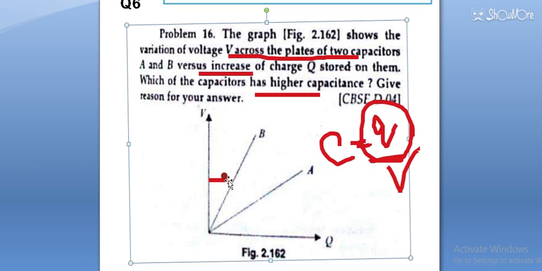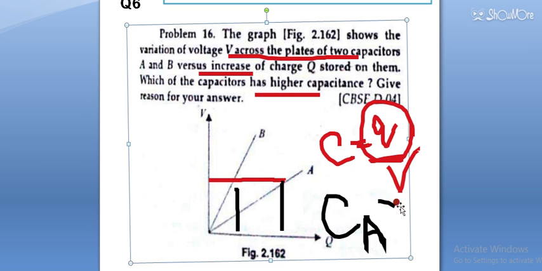Charge for capacitor A is more as compared to charge for capacitor B. That means the capacitance of A is greater than the capacitance of B. So this will be the result for this question.